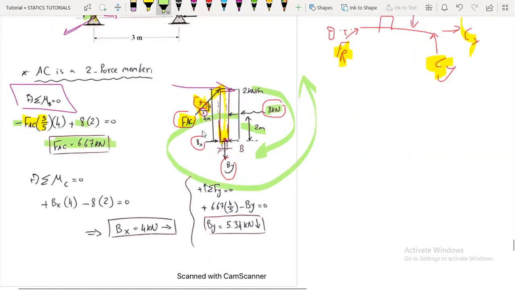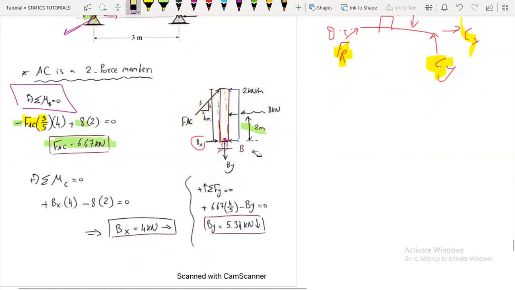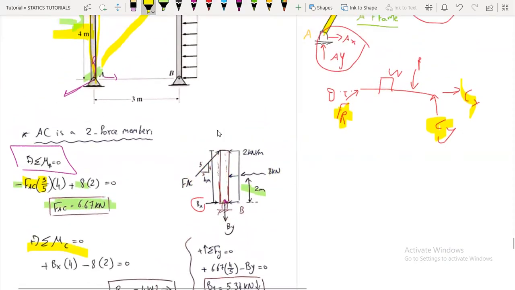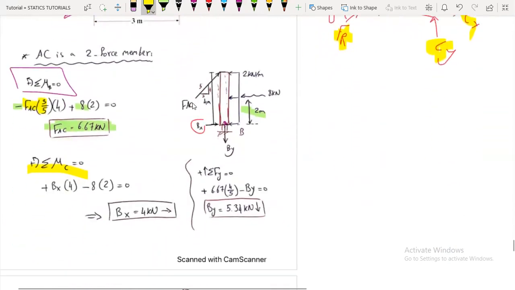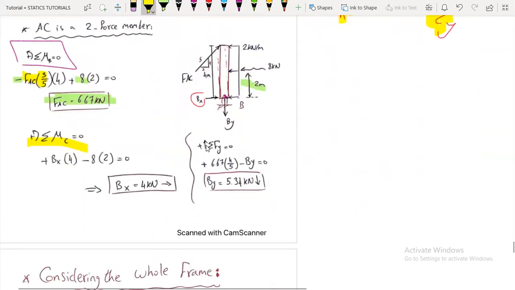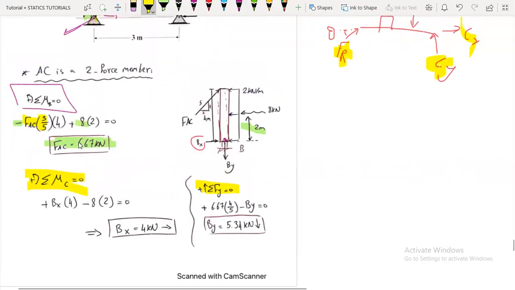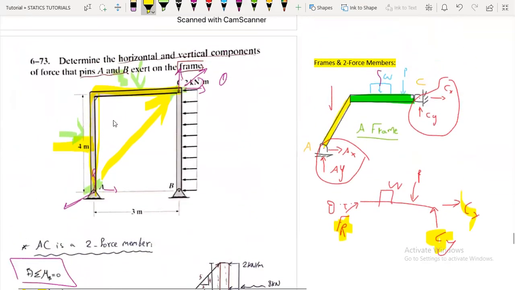Now, to find Bx and By, we can start from either, as you like. So taking the summation of moments about point C, here is point C, let me erase this.